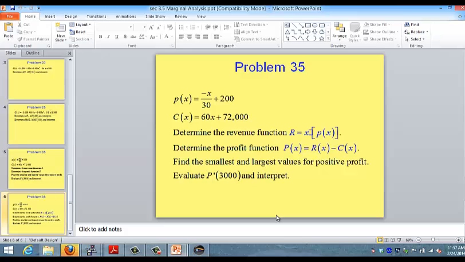Well, let's see. I'm going to start off just by writing down some of these different functions, right? We have the price function. We have the cost function. So I guess the first thing I ought to do is multiply those, right? So let's see.